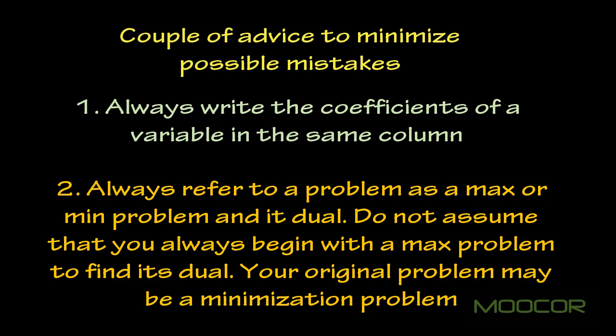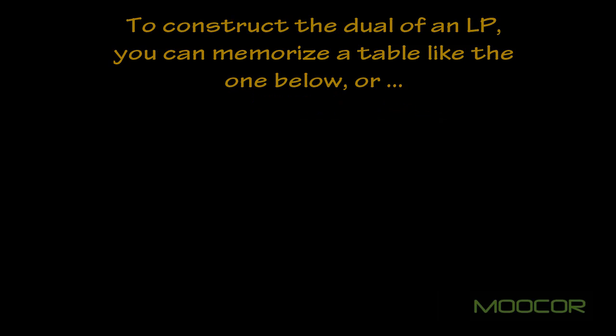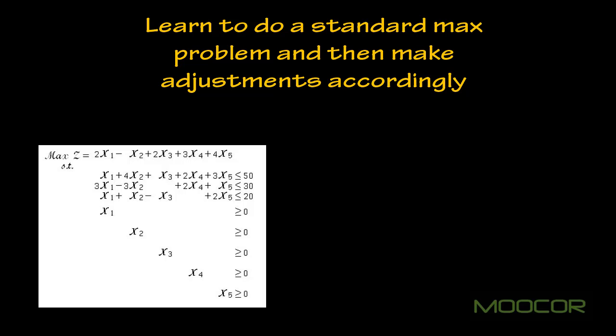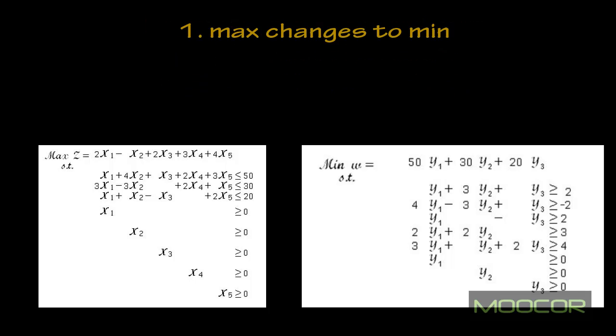Your original problem may as well be a minimization problem. To construct a dual, you can memorize a table similar to this one, or you can follow these simple steps. Learn how to find the dual of a standard max problem, and then make adjustments accordingly.